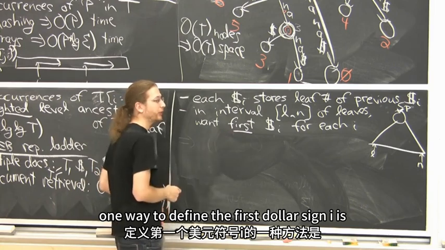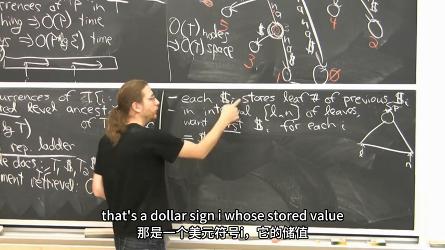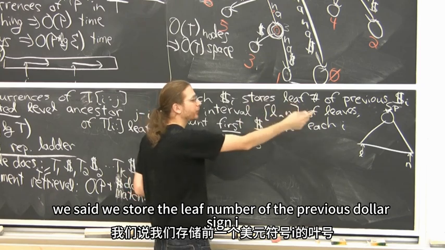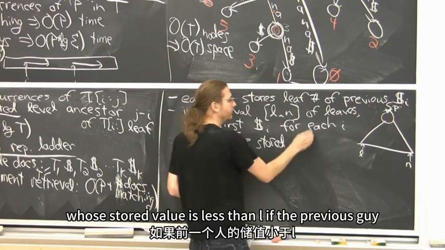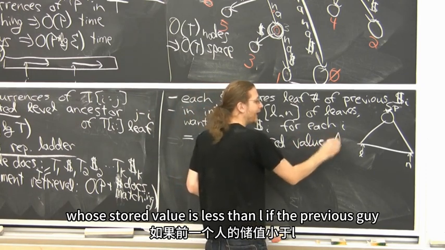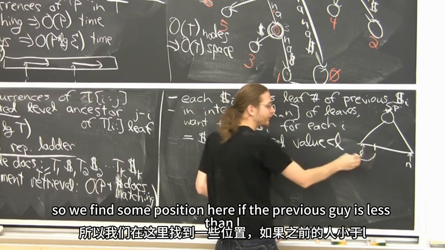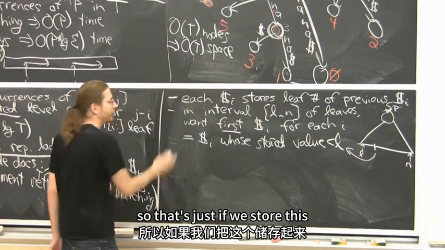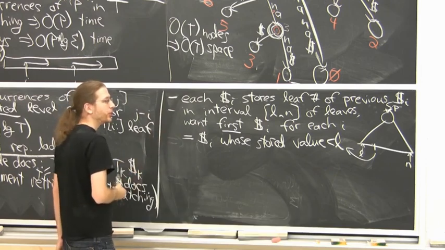Now, one way to define the first $i is that it's a $i whose stored value, we said we store the leaf number of the previous $i, whose stored value is less than L. If the previous guy, so we find some position here, if the previous guy is less than L, that means it was the first of that type. Okay, so that's just, if we store this, that's the definition of being first.